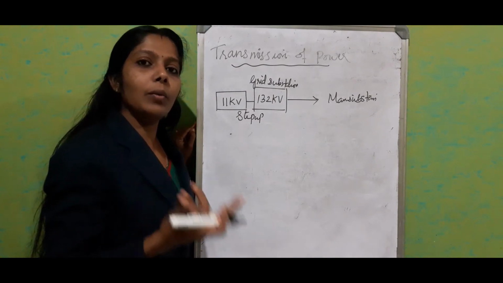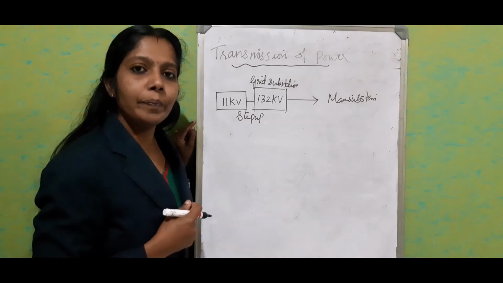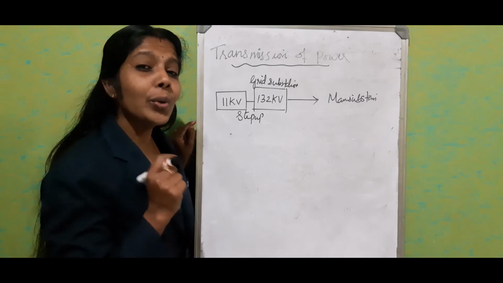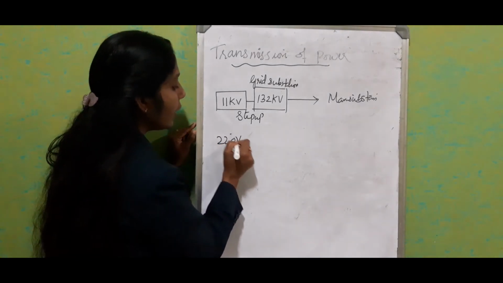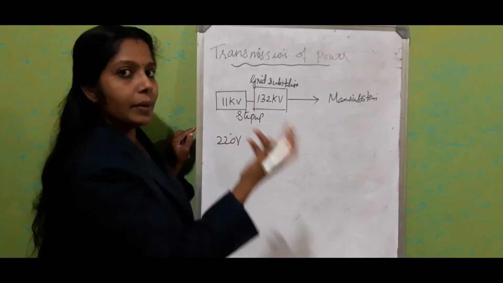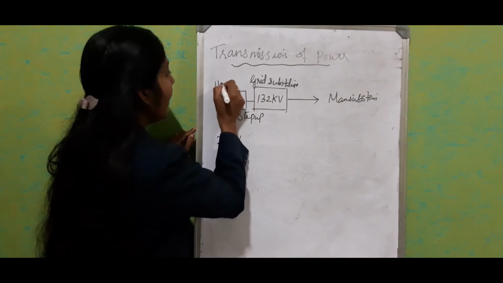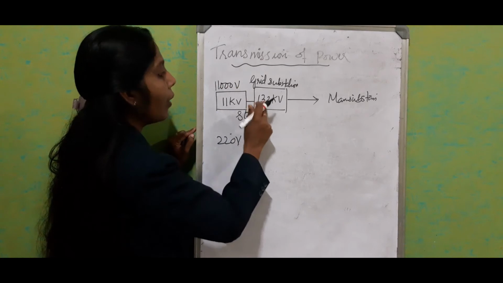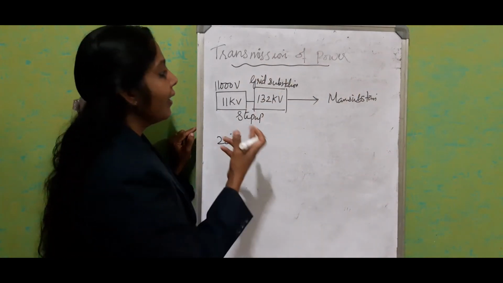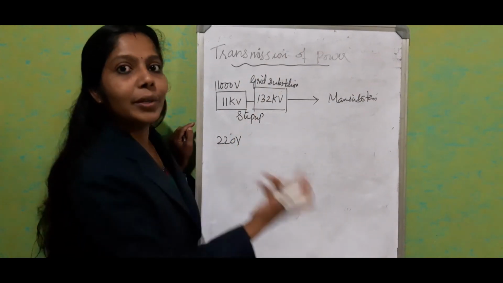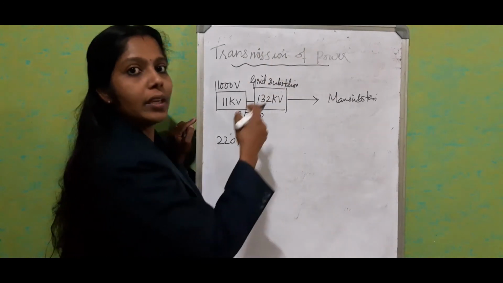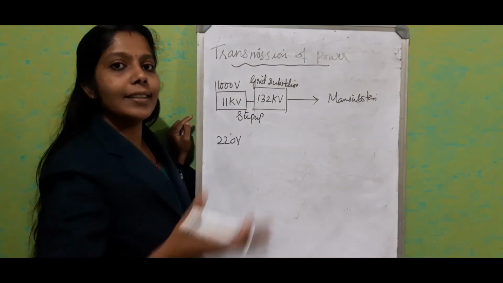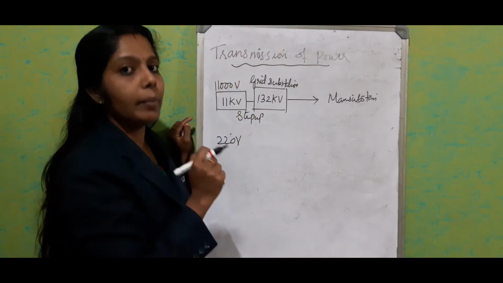What voltage do we require in our home? That is only 220 volt. From the generating station it is 11,000 volt, and we made it 132,000. At the main substation, after the long distance, we reduce it in our nearby area.